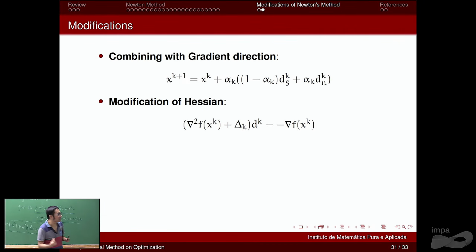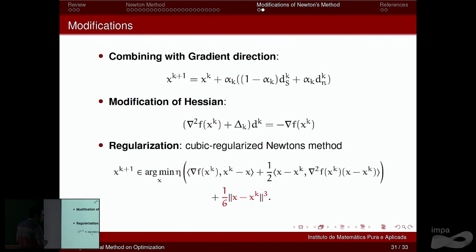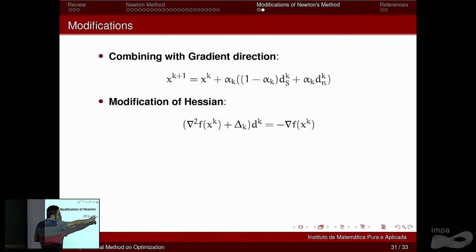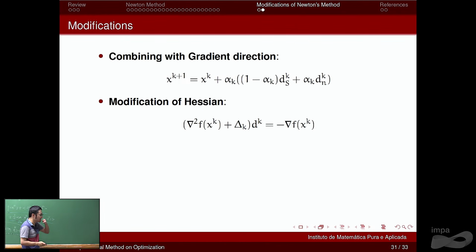Then you will get a direction d_k which equals the inverse of this matrix times the gradient. The inverse of this positive definite matrix is also positive definite, times the gradient, which gives a descent method, okay? You can prove it easily.